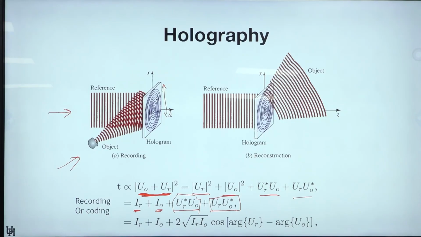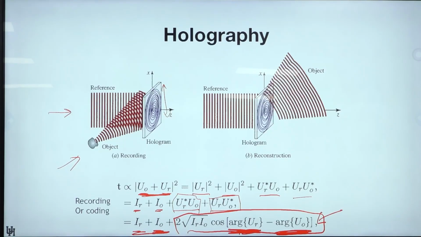So this term is basically the angle of the phase because of the reference minus the phase because of the object itself. So this captures, IO here essentially is the intensity of the object, and here you have the phase of the object.